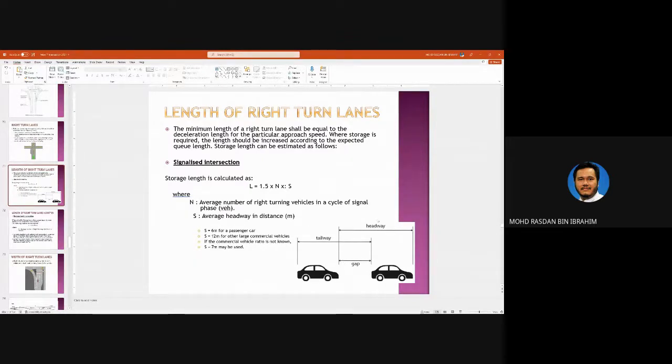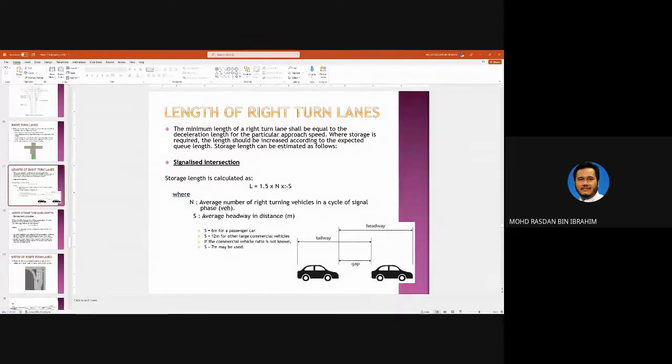What matters for the design is the headway lah. S is normally taken as 6 meters for passenger cars. For commercial vehicles it is 12 meters. Okay. If the commercial vehicle ratio is not known, 7 meters for S can be used. Okay.